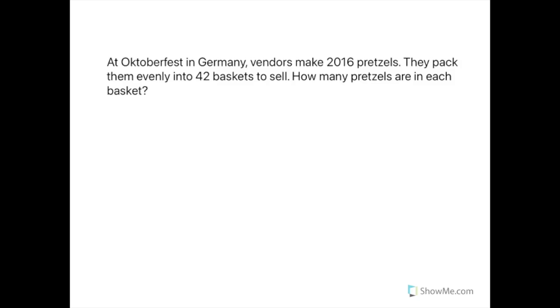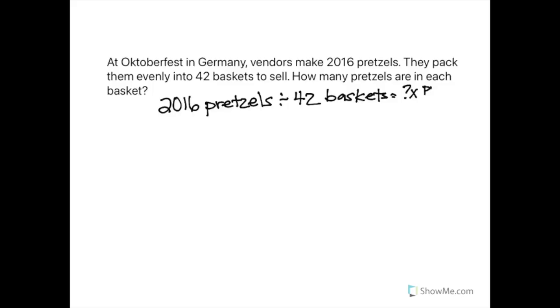So I'm first going to start off with what I'm dividing up. So 2,016 pretzels divided up among 42 baskets equals how many, or X, pretzels per basket.